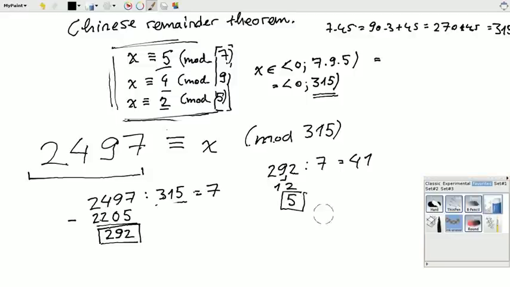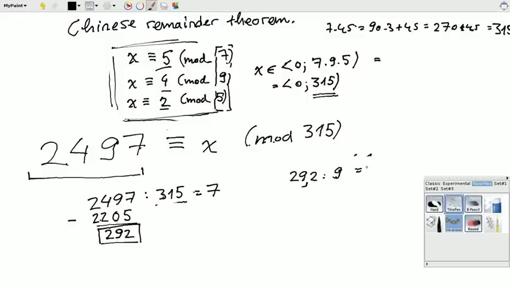Great, first condition is satisfied. Now the second condition, 292 divided by 9 is equal to, okay, that would be 3, the remainder is 25, okay, that would be 2, and the remainder is 4.